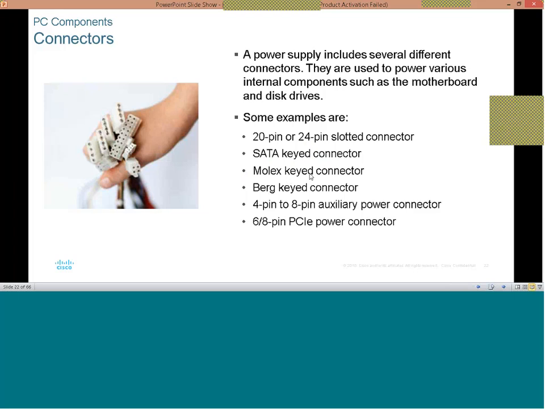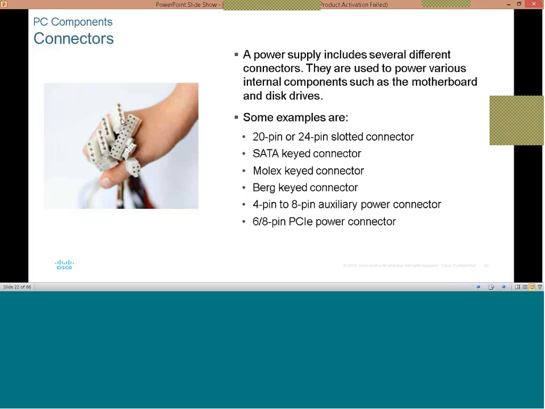We also have what we call the Molex keyed connector. Then we have the 4-pin, 8-pin auxiliary power connector, and we have the 6-pin and 8-pin peripheral component express power connectors. All these connectors are here, and it is nice that we take each of them.